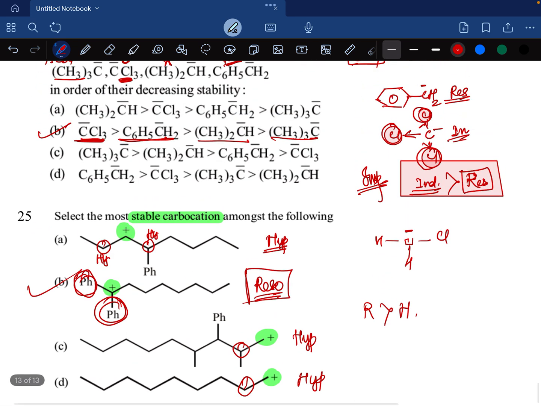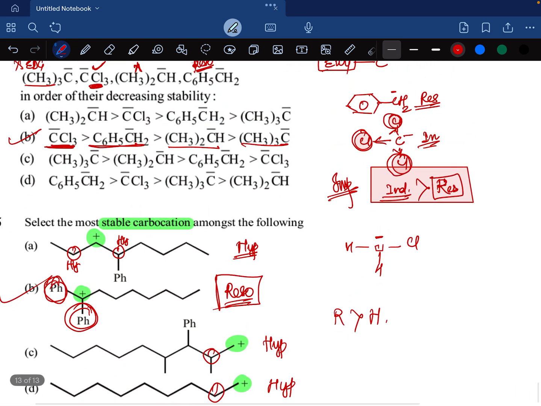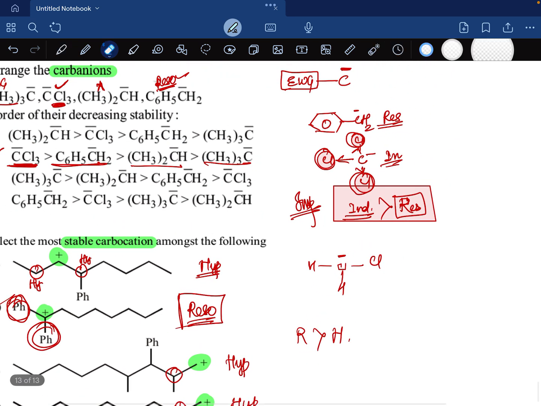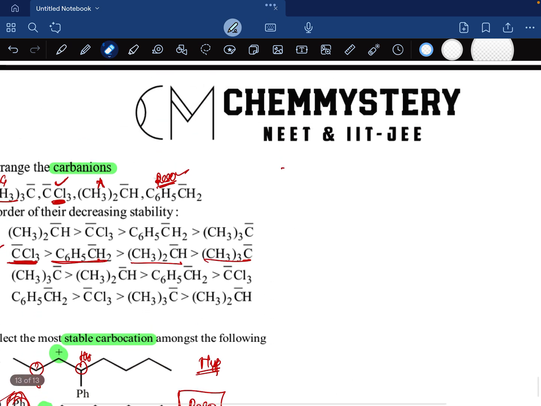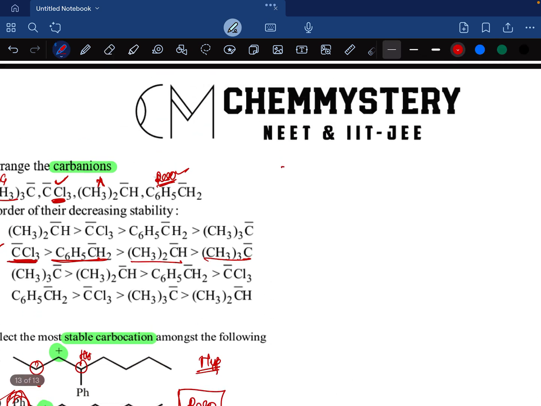Done? Okay. So today, how many topics did we discuss? We have discussed multiple topics. Isomerism. In isomerism, we have seen structural isomerism, and also we have discussed questions on stereoisomerism.